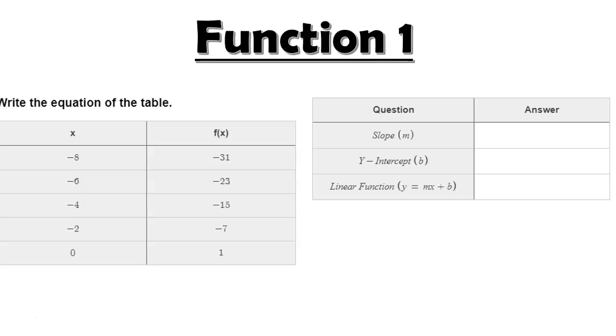So we're going to start by reviewing it a little bit still. So we're going to write the function, or write the equation of this table. Okay, so I have x and f of x, same thing as x and y, or domain and range. So over to the right, it's asking me for the slope, the y-intercept, and then the linear function, meaning the equation.